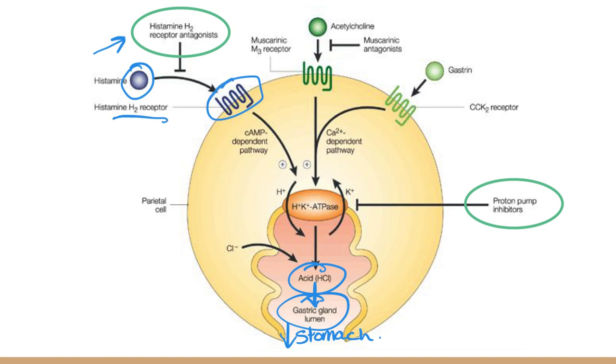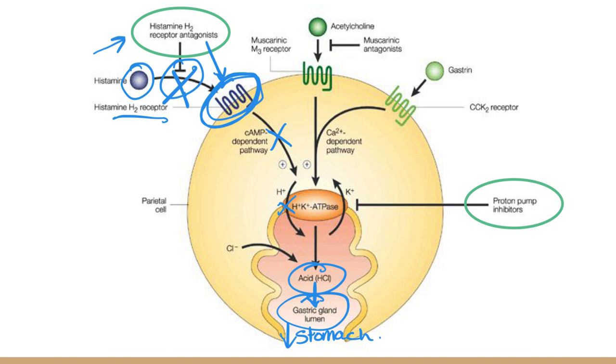But our H2 receptor antagonist is going to block this process. It's going to bind to this receptor here, which essentially blocks this pathway. That means all of this downstream is blocked, and the proton pump here is blocked.